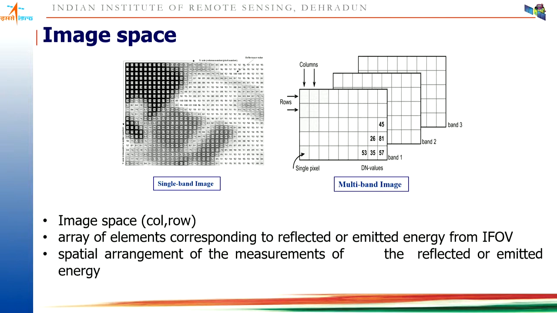An array of elements corresponding to reflected or emitted energy from the instantaneous field of view. So, a spatial arrangement of the measurement of reflected or emitted energy. Based on their ground location, the emitted or reflected energy is arranged. This is very simple, you all know about this.